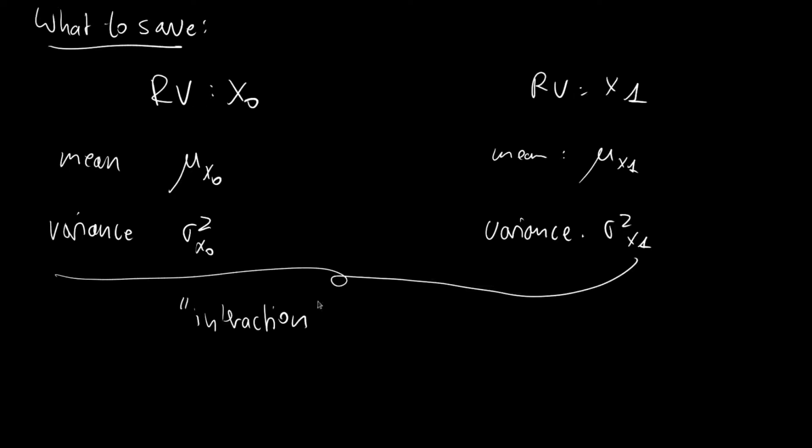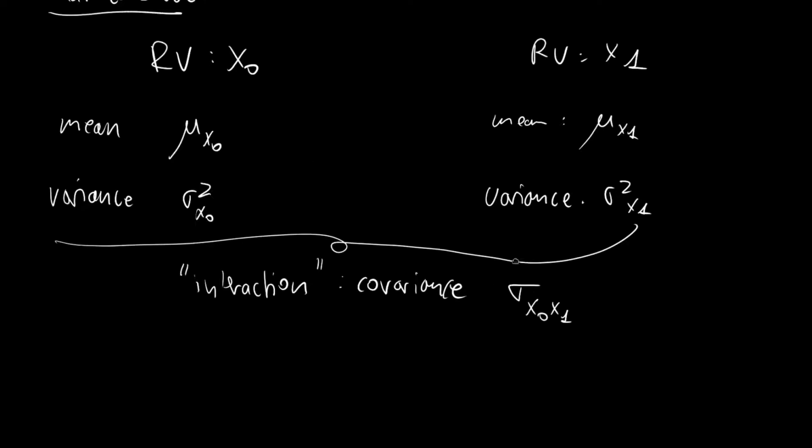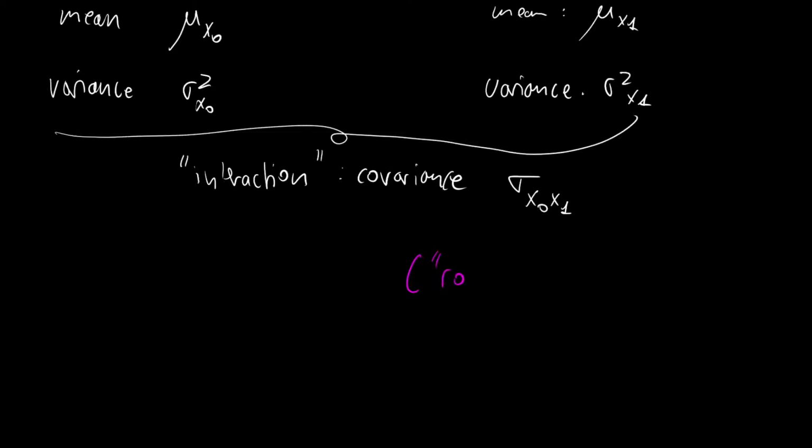So the covariance will be denoted as a sigma index x0 and x1, denoting that it is the interaction between the x0 random variable and the x1 random variable. And as said, it can be imagined as the rotation around the third axis, which is of course a little bit limited to our two-dimensional scenario, but just think of it as something that is rotated.